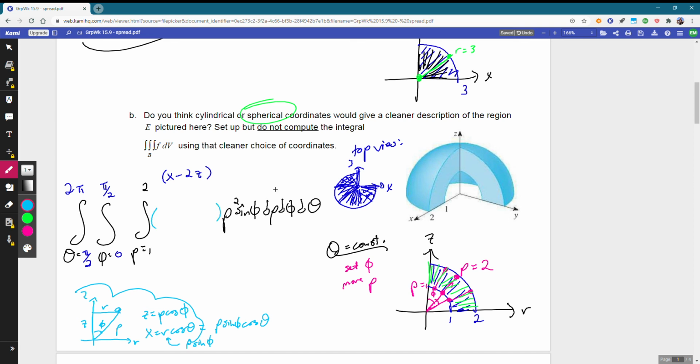We're going to have to squeeze them. So rho sine phi cosine theta for x minus 2 times z, which is rho cosine phi. We did it. And there's our fully set up integral.